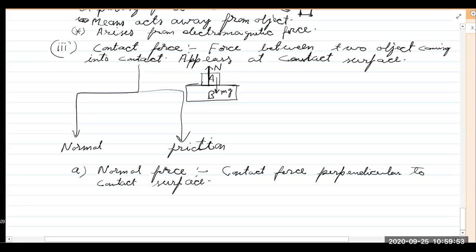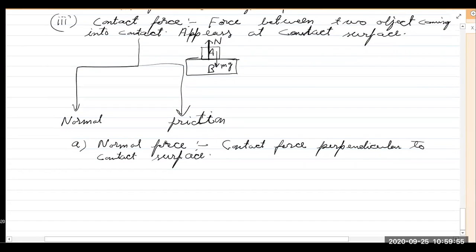So where do you experience these forces? The simplest example: suppose I have an object B, and another object A is kept on B. A has its weight mg, and the normal force acts on A from the ground in the upward direction.